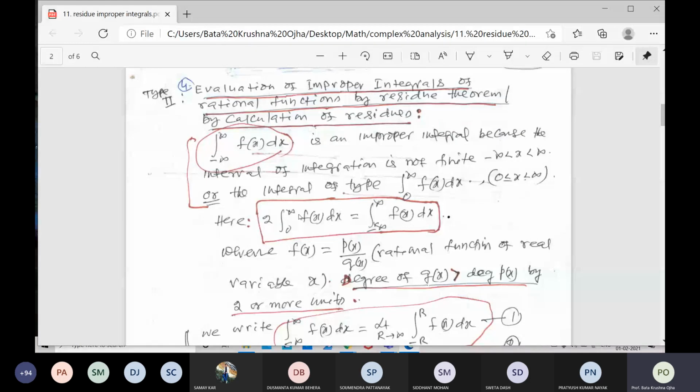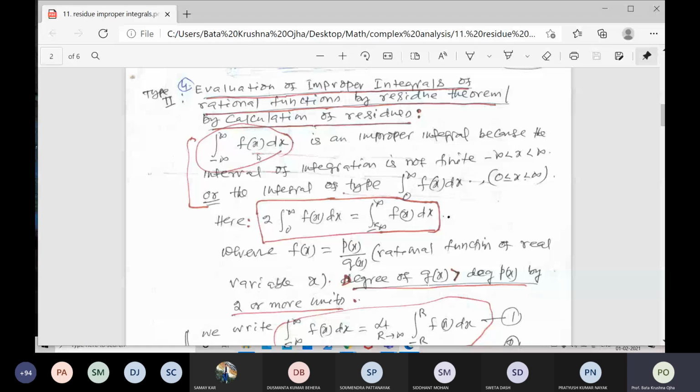When you replace x by z, if you take f(z) dz, the integral should be over the contour, that is, the closed curve C. Along the x-axis, it is f(x) dx with the limit x from minus to plus infinity.